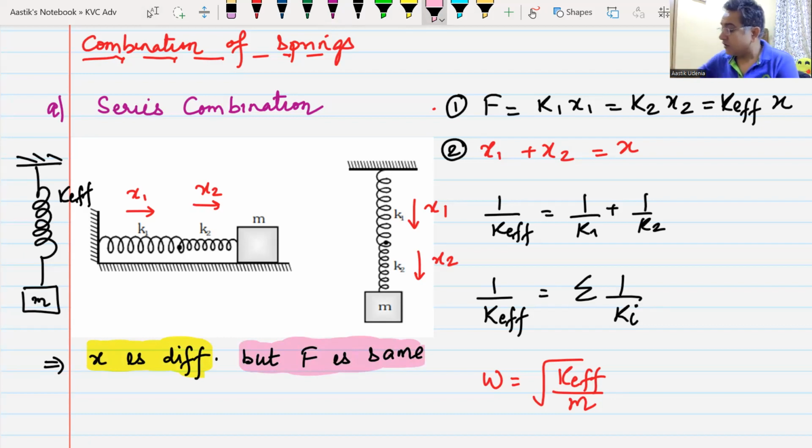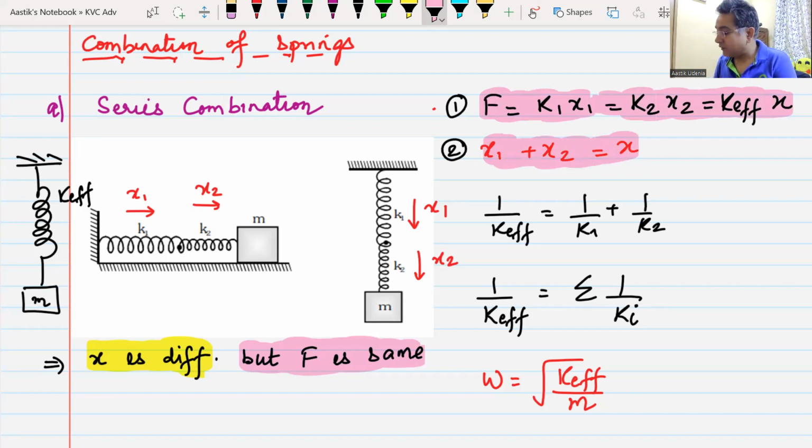Yes, sir. So we can write this equation from there. Force acting on each spring: k1 x1 will be equal to k2 x2 will be equal to k effective into x. The other equation that we must remember is x1 plus x2 is the total x.